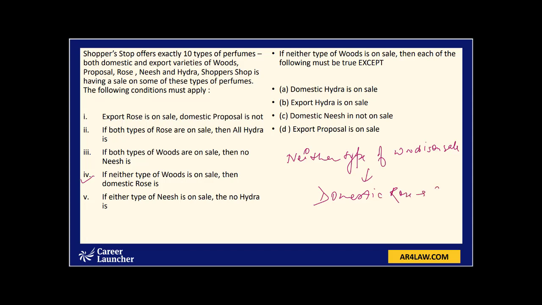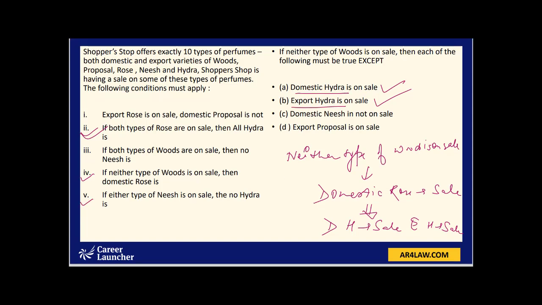Now, if domestic rose is on sale, with second condition, if both types of rose are on sale, then all hydra is. So this will lead me to that domestic hydra is also on sale and also export hydra is on sale. So this can be true. This is true and this is true. Now we have to check between option C and D. Have a look at condition number 5, which says, now we have the last condition as if either type of niche is on sale, then no hydra is.